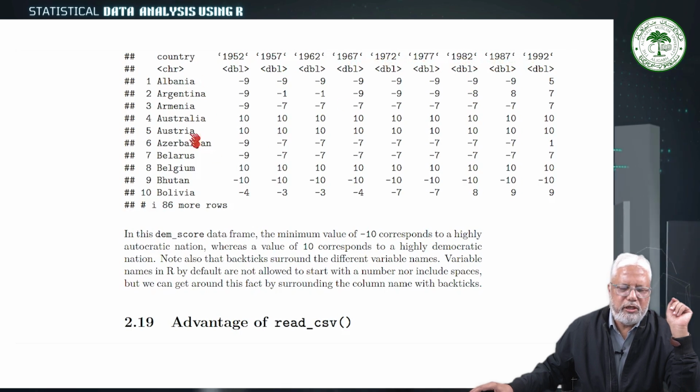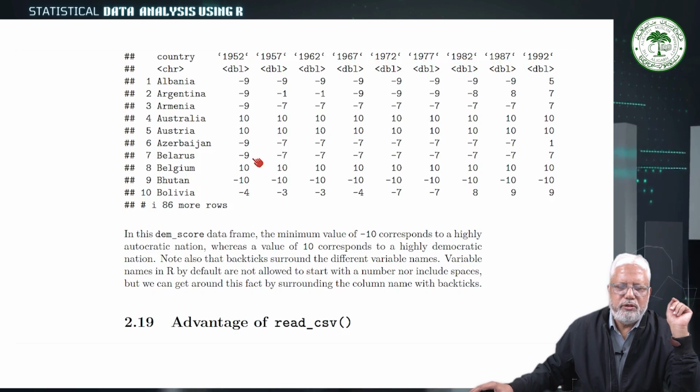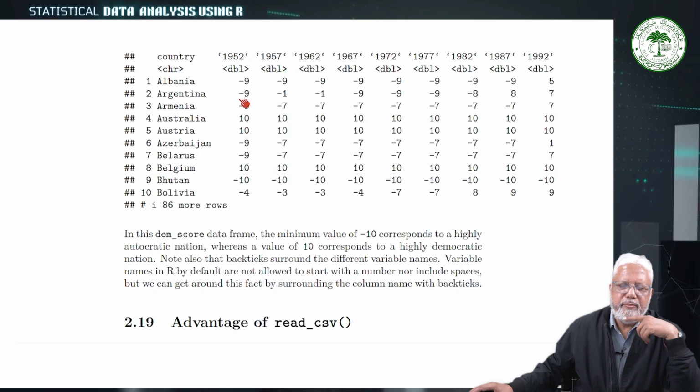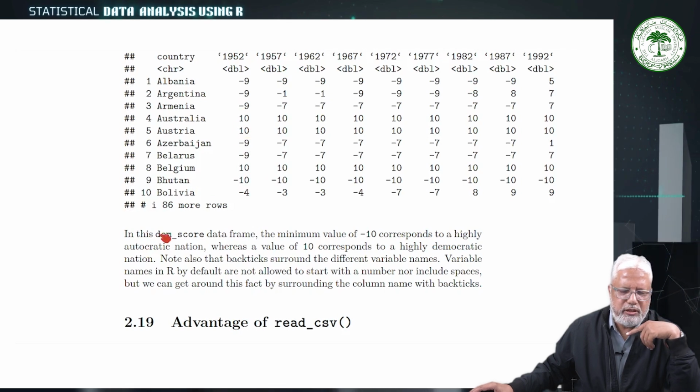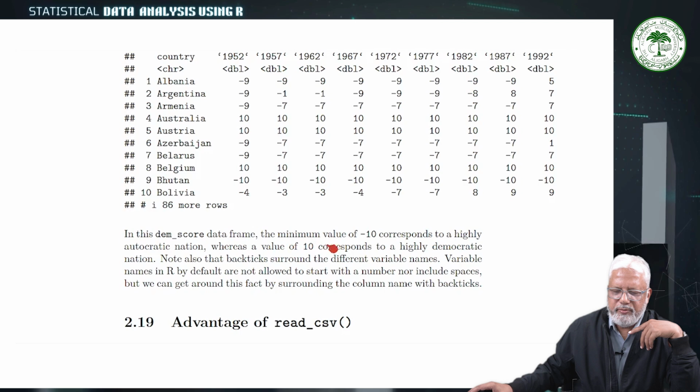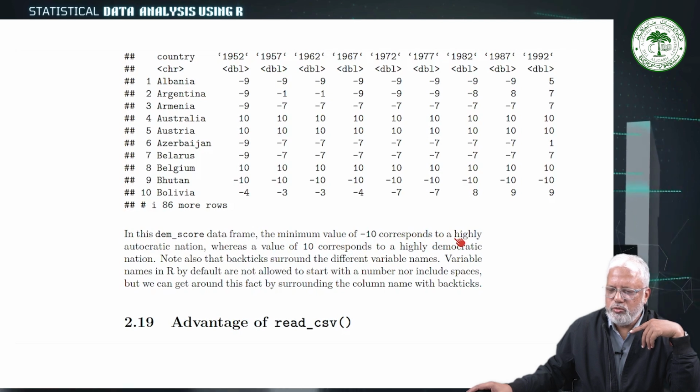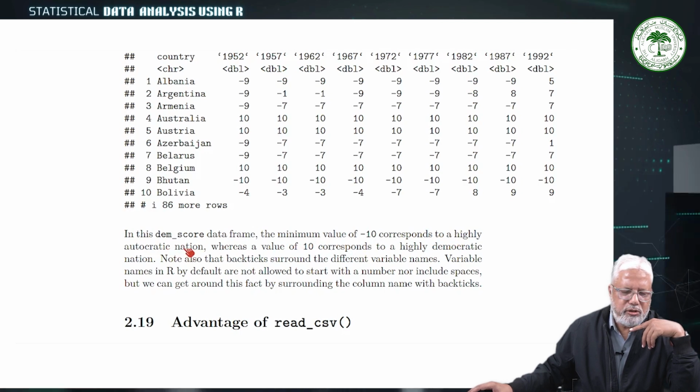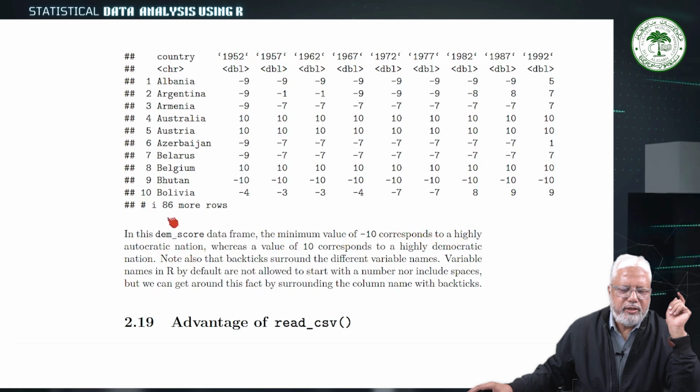So, these are the countries whose democracy scores we have. In this dem_score data frame, the minimum value of -10 corresponds to a highly autocratic nation like Bhutan.